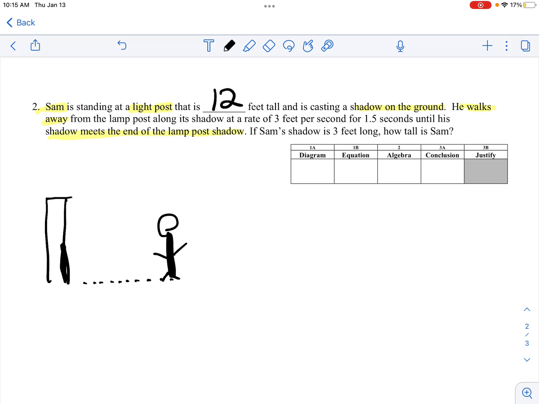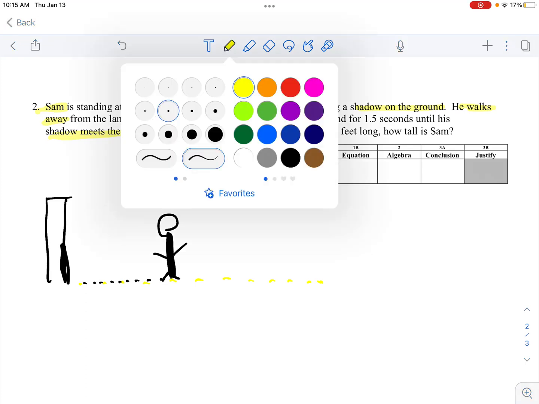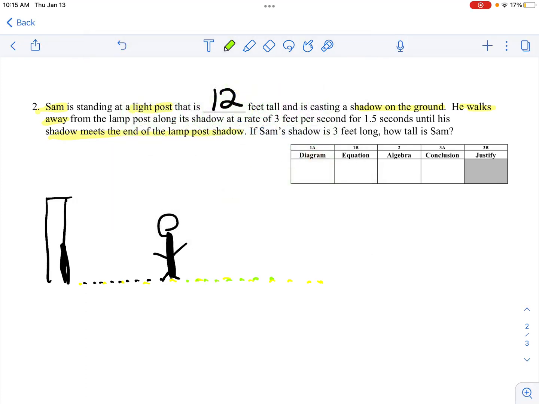So again, if we think about this logically, here's the lamppost shadow, right? Shadows are on the ground. And here would be his shadow, because here's your sun, and the sun creates rays like that. So if I look, I can see that I have triangles.